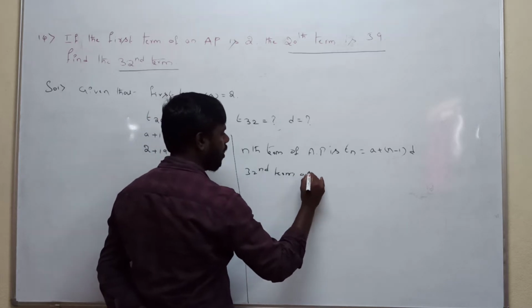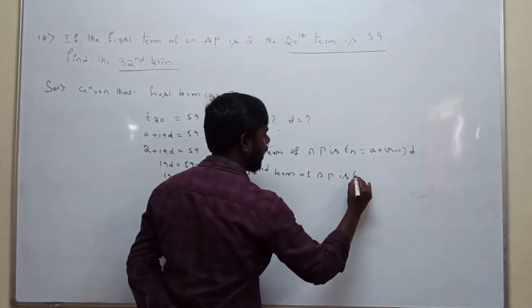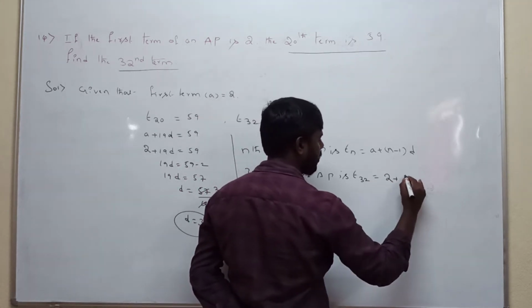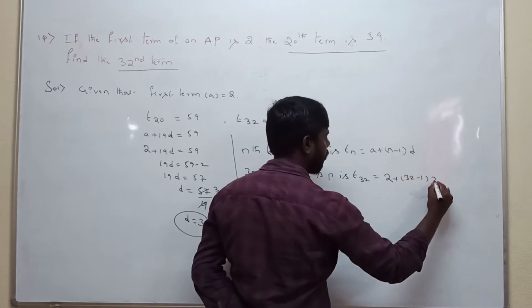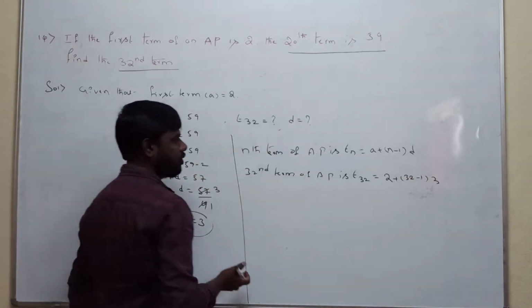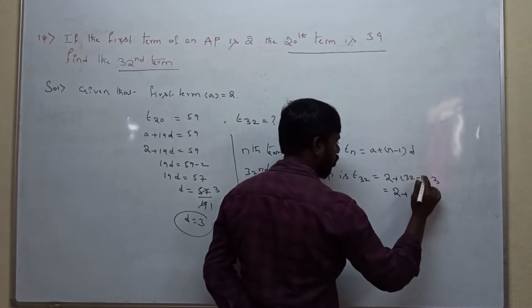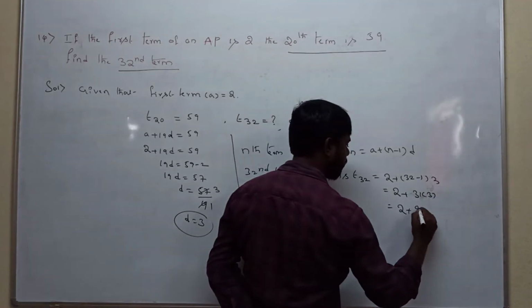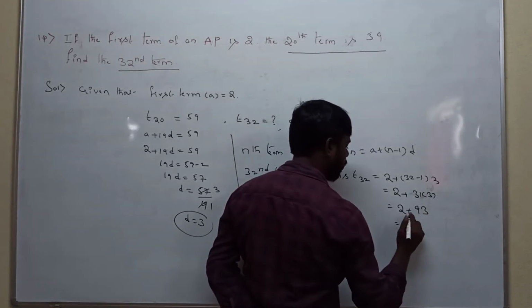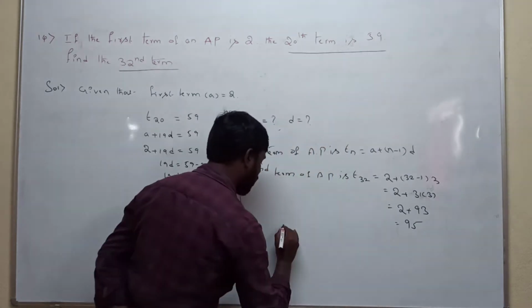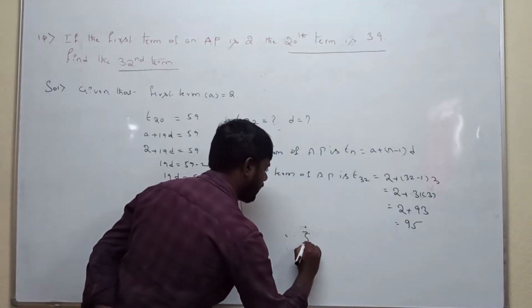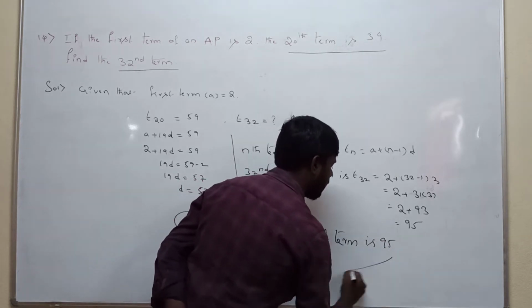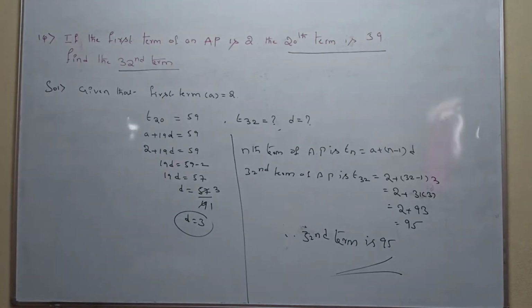A replaced by 2, n is 32 minus 1, d value is 3. So 2 plus 32 minus 1, that is 31, into 3, is equal to 2 plus 31 into 3, that is 93. So 93 plus 2 is 95. Finally you got the answer: the 32nd term is 95.